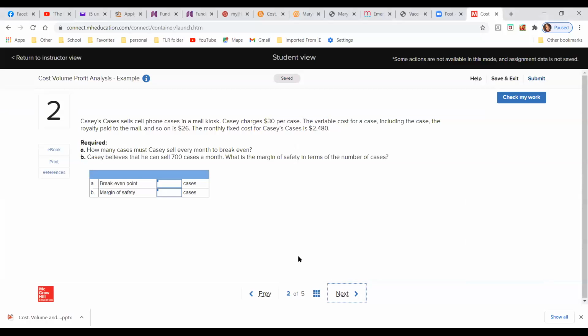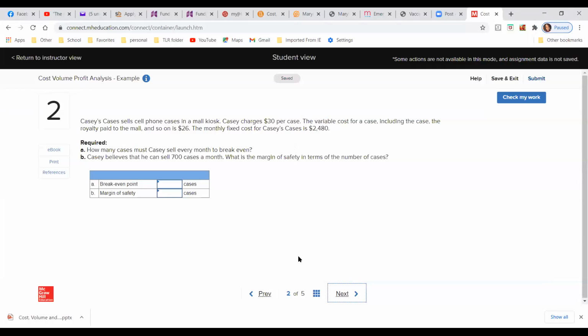This one here, I'm reading from here because I have my reading wrong. Casey's Cases sells cell phone cases in a small kiosk. Casey charges $30 per case. The variable cost per case, including the case, the royalty paid to the mall, and so forth, is $26.